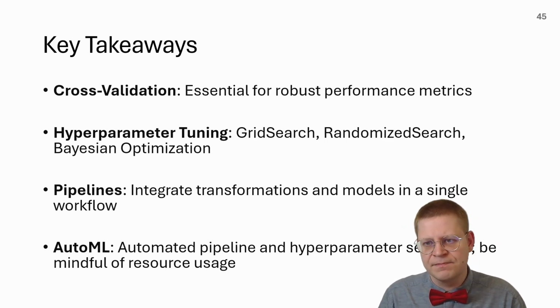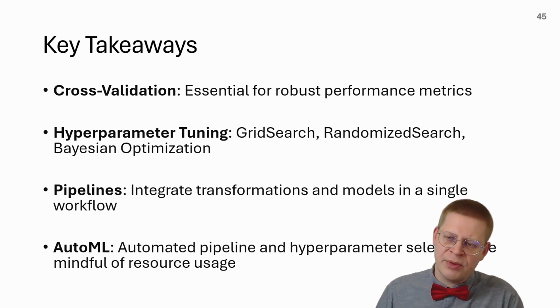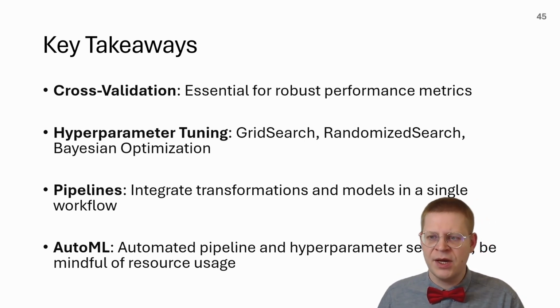Wrapping up, we started by discussing cross-validation, which is critical for stable performance estimation. Then we moved to hyperparameter tuning, explaining how methods like GridSearch, Randomized Search, and Bayesian Optimization can significantly boost your model's predictive power if used correctly.